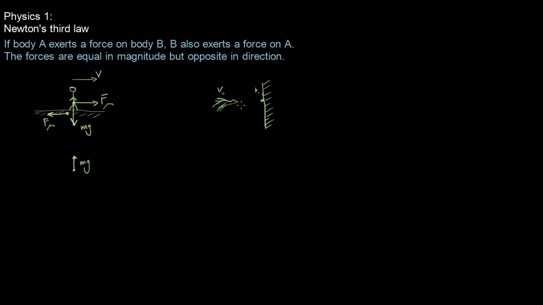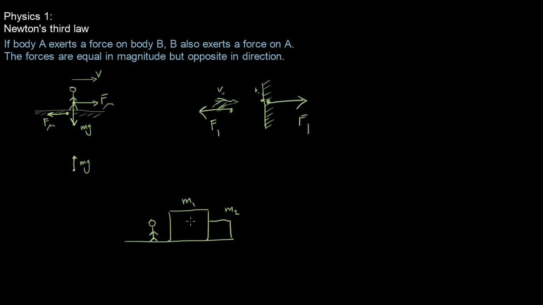That means a force is being exerted on the bird in this direction. Let's say it's F1. Then that means the bird is also exerting a force on the wall, which is in the other direction.